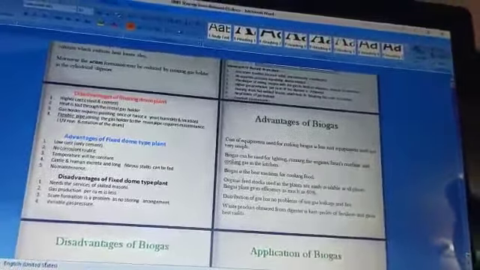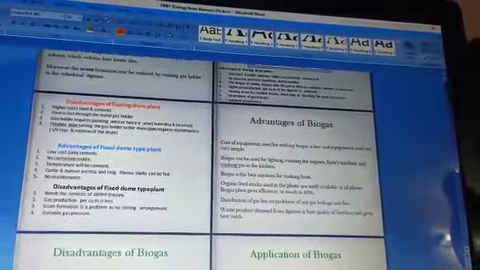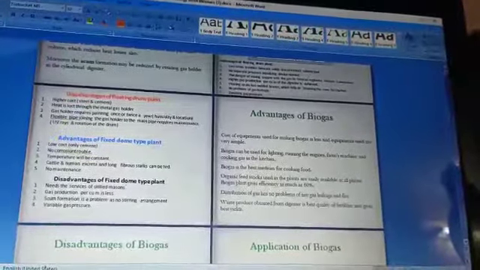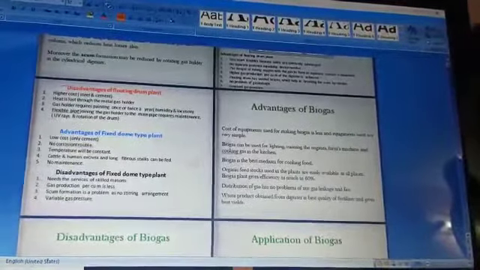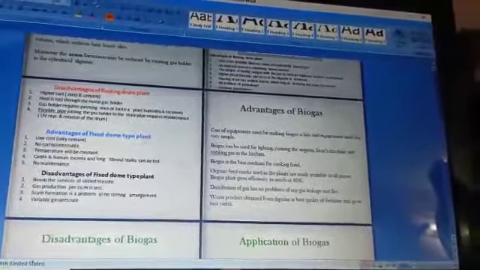So these are the advantages and disadvantages. Disadvantages are higher cost, heat is lost, gas holders require painting. Advantages are low cost, no corrosion. Disadvantages are the need for skilled service, and gas production per unit is less.